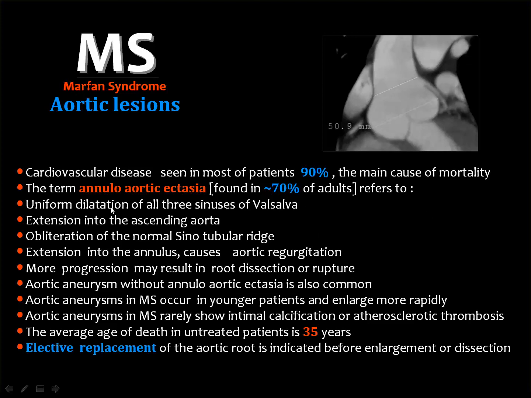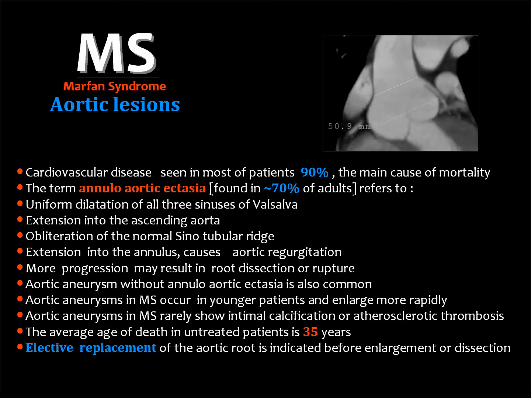There is uniform dilatation of the sinuses of Valsalva, extending into the ascending aorta with obliteration of the normal sinotubular ridge, the constriction between the sinuses and the ascending aorta.